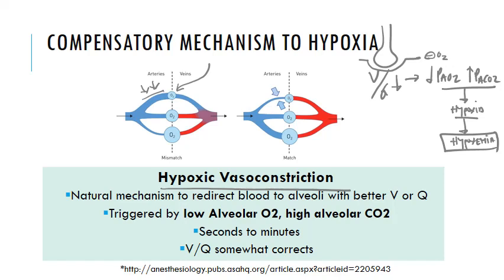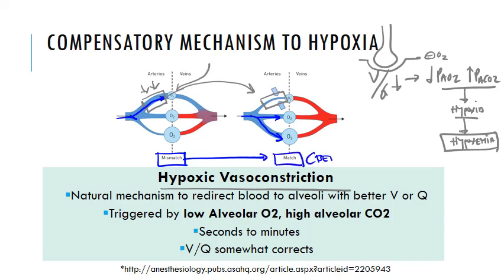So we can see the overall change from here to a contraction here, and this moves blood from here, and it redirects the traffic pattern down to better ventilating ones. So the result of this is taking a mismatch in VQ and creating a better match. This is never perfect, but it improves the VQ ratio.